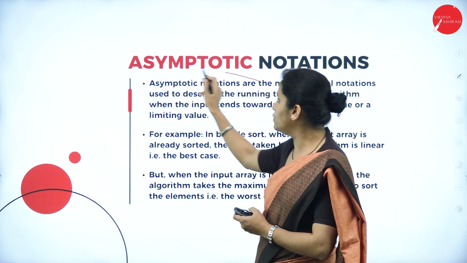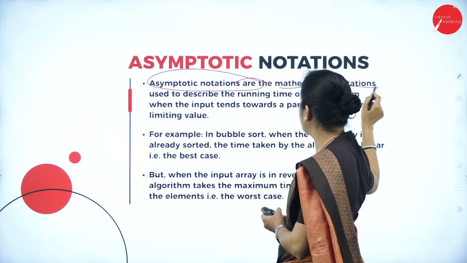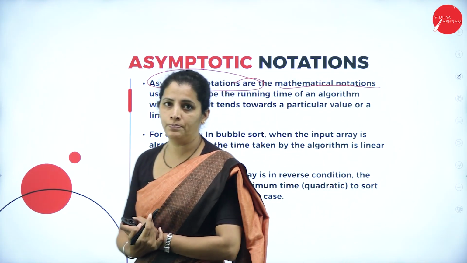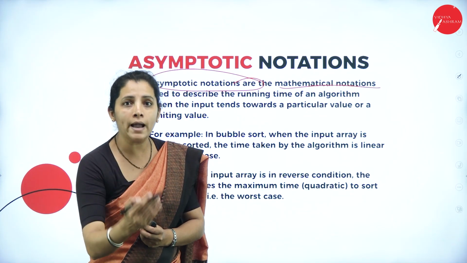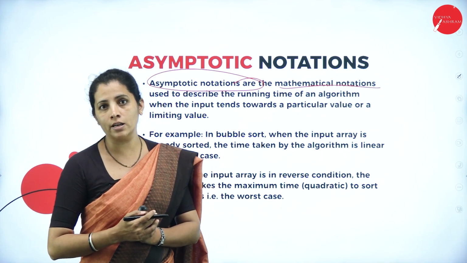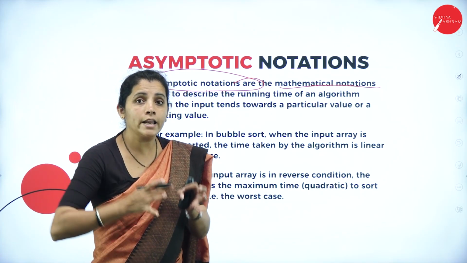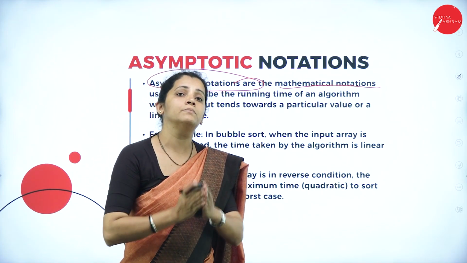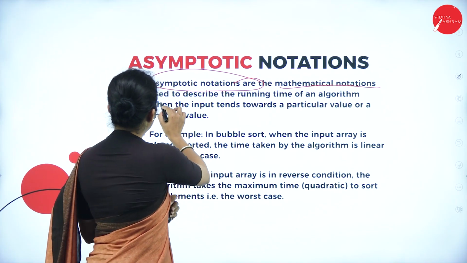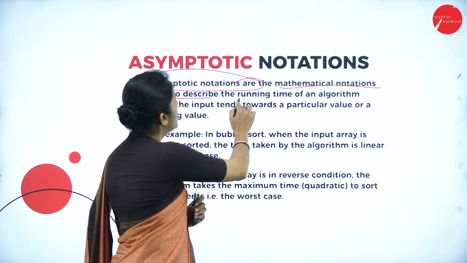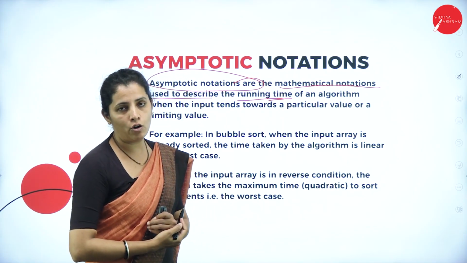So, asymptotic notations are nothing but mathematical notations. Mathematically, I am going to represent how much time I require to execute the algorithm and how much space I require to store the algorithm, represented in terms of mathematical notation. So it describes the running time of an algorithm.